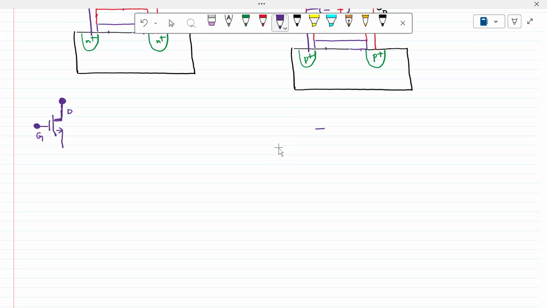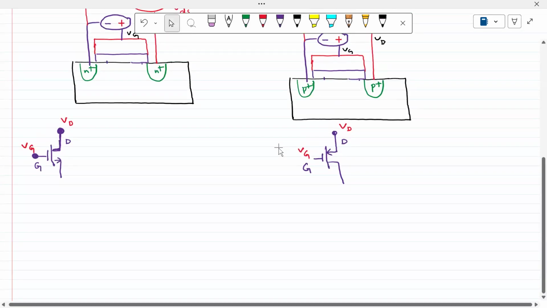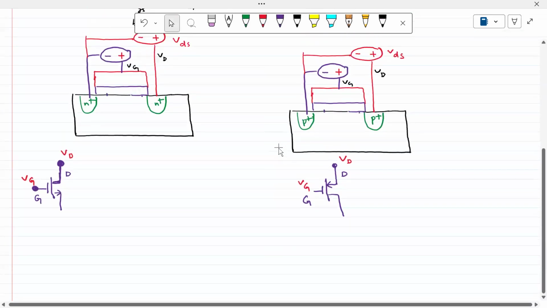Similarly for the PMOS as well. This is the drain potential and the gate potential. Let me call this VD and this VG. Keeping the source aside now.